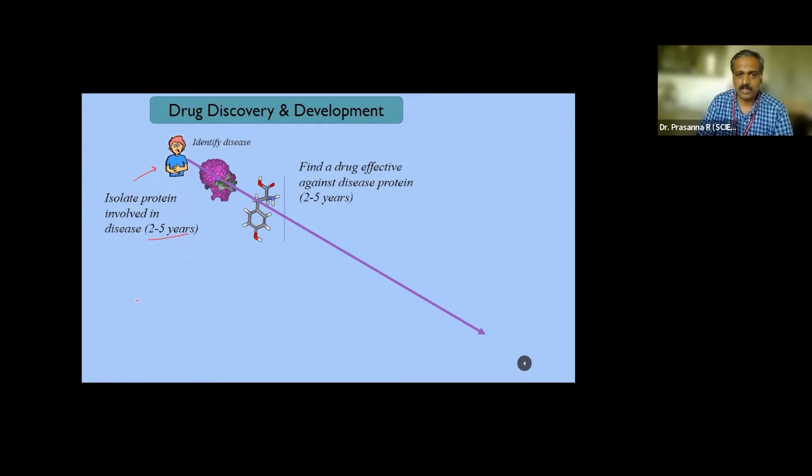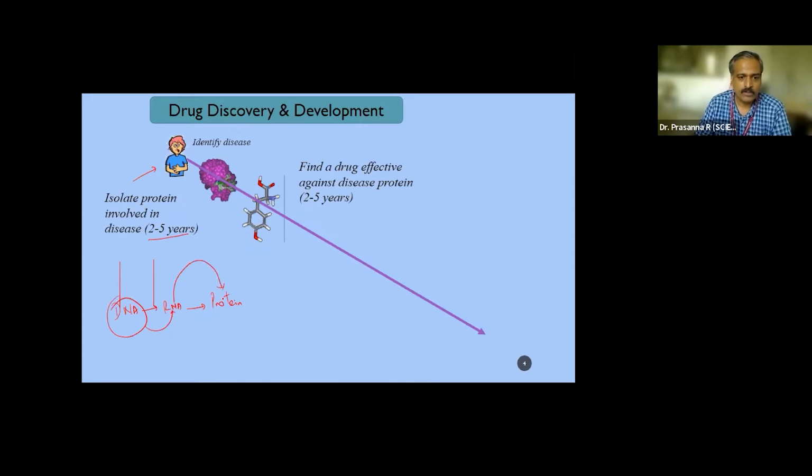Let's say, for example, the cell consists of DNA, and the DNA gets converted to RNA, and the RNA gets converted to protein. Of course, there are other small things available in the cell, like the Golgi bodies, but let us not worry about those. The basic unit is DNA that gets converted to RNA, and the RNA gets converted to protein.